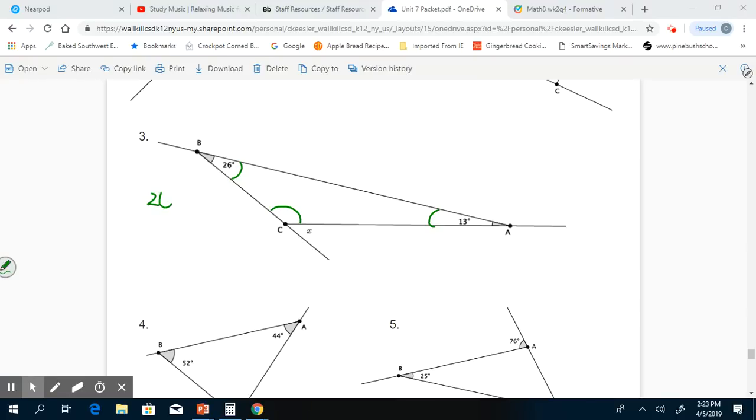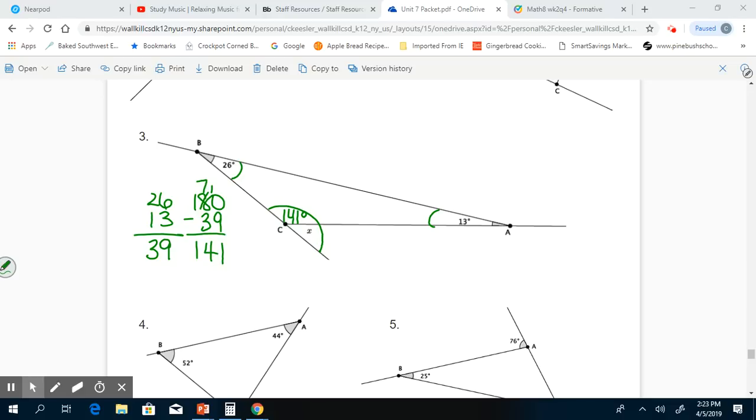So we have 26 plus 13 is 39, and 180 minus 39 to make this whole straight angle would be 141. So this angle here is 141 degrees.